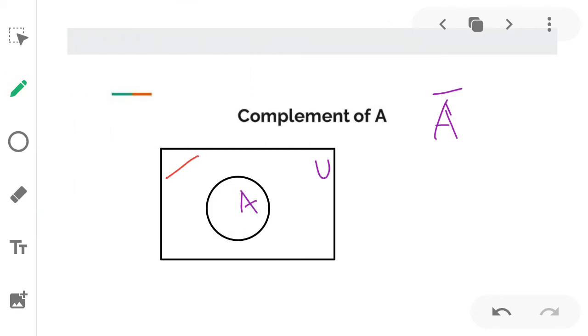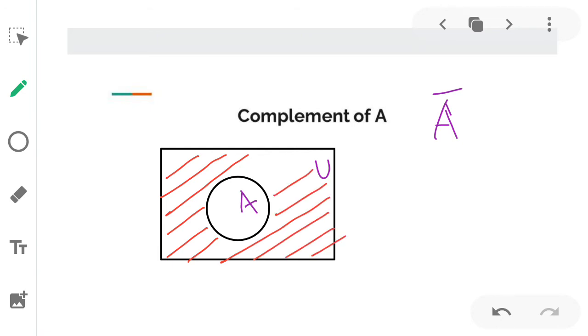So here, don't include the circle. The circle will be omitted from the highlighted region. So this portion will represent A bar.